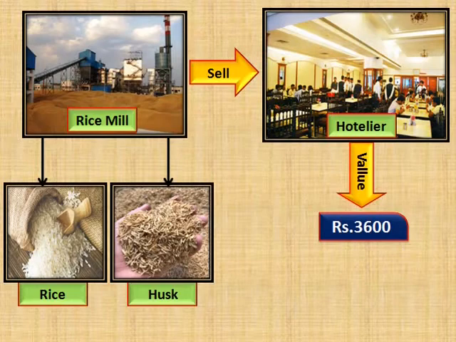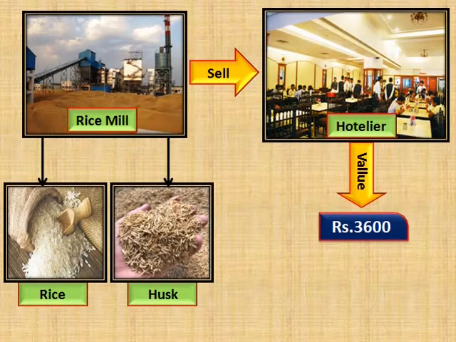Then the rice mill takes out rice and husk. Then he sells 80 kilograms of rice to the hotelier for 40 rupees per kilogram and 20 kilograms of husk at 20 rupees per kilogram.